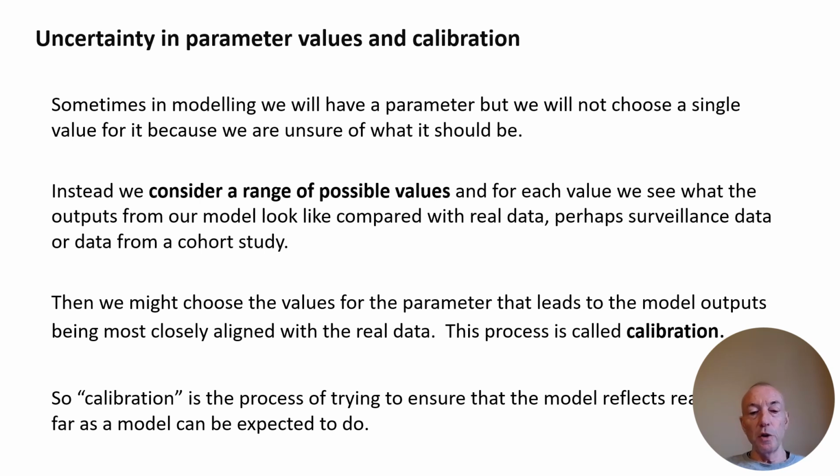Then we might choose the values for the parameter that lead to the model outputs being most closely aligned with the real data. This process is called calibration. So calibration is the process of trying to ensure that the model reflects reality, at least as far as a model can be expected to do.